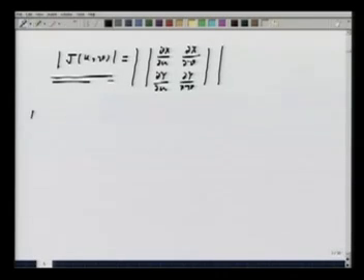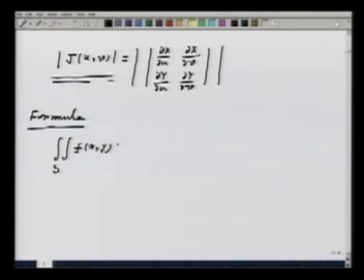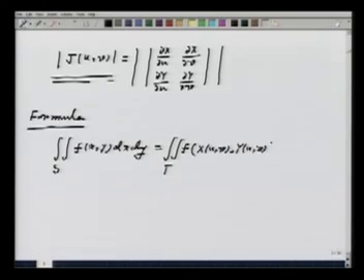And then the change of variable formula is written as follows. The double integral over S of f(x,y) dx dy is equal to the double integral over T, that is the domain of the transformation, of f(X(u,v), Y(u,v)) times mod J(u,v) du dv.